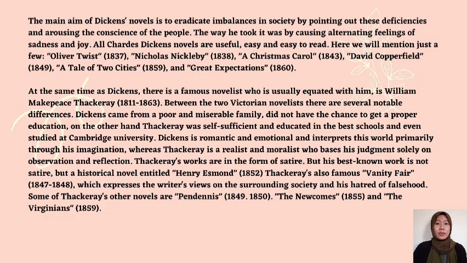The main aim of Dickens' novels is to eradicate imbalance in society by pointing out these deficiencies and arousing the conscience of the people. The way he did it was by causing alternating feelings of sadness and joy.